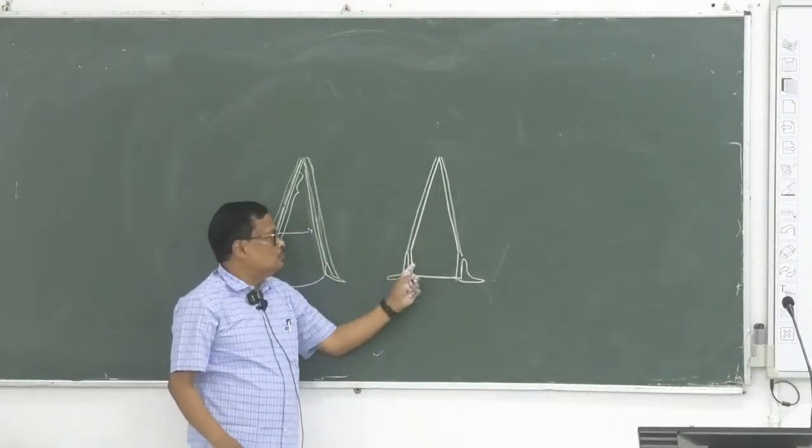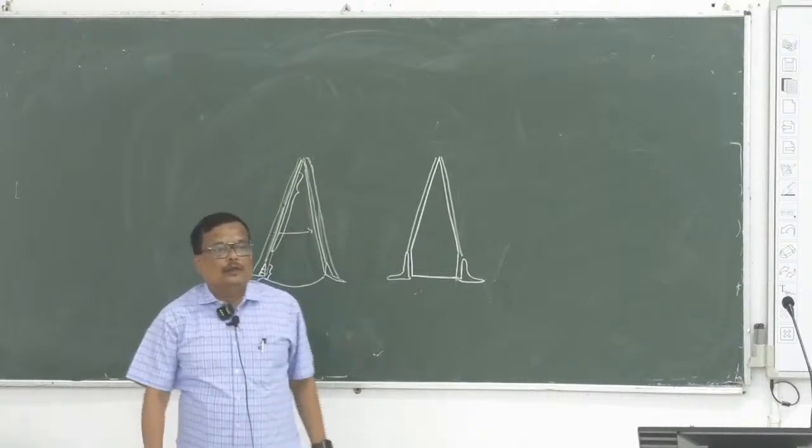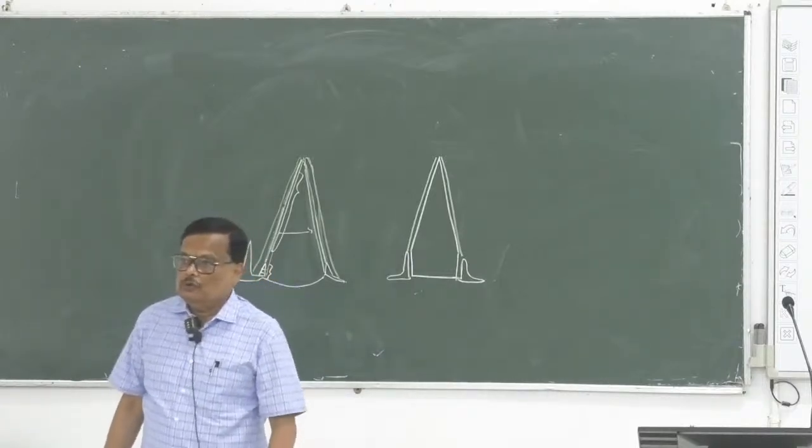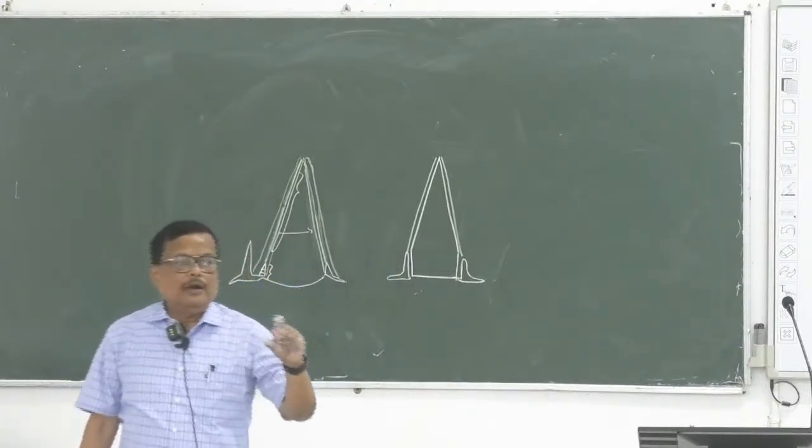So it is 1, 2, 3, 4, 5. It is pentagonal. এটা কিন্তু পরীক্ষা একবার এসেছিল। Different position of the rima glottis.